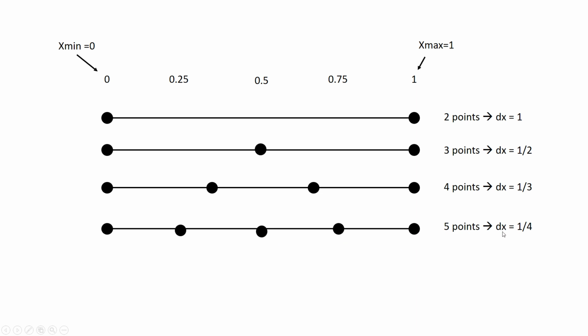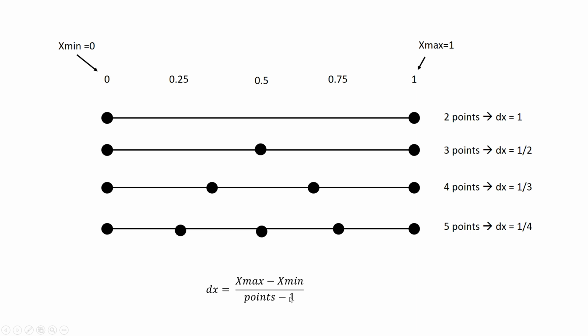So how do I calculate dx from the values of x min, x max, and the number of points? You might already have figured this out from your pattern, but dx equals the length of your line, which is x max minus x min, divided by the number of points minus 1.